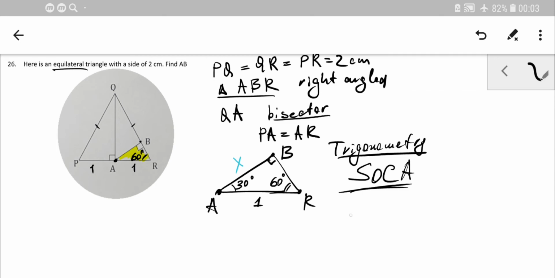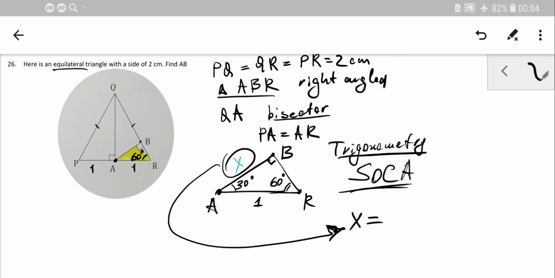AB is unknown, so x, if we use the SOHCAHTOA rule, is the hypotenuse times, for example, if we take angle 30, 1 times cosine 30. That's using trigonometry, and cos 30 is square root of 3 over 2.